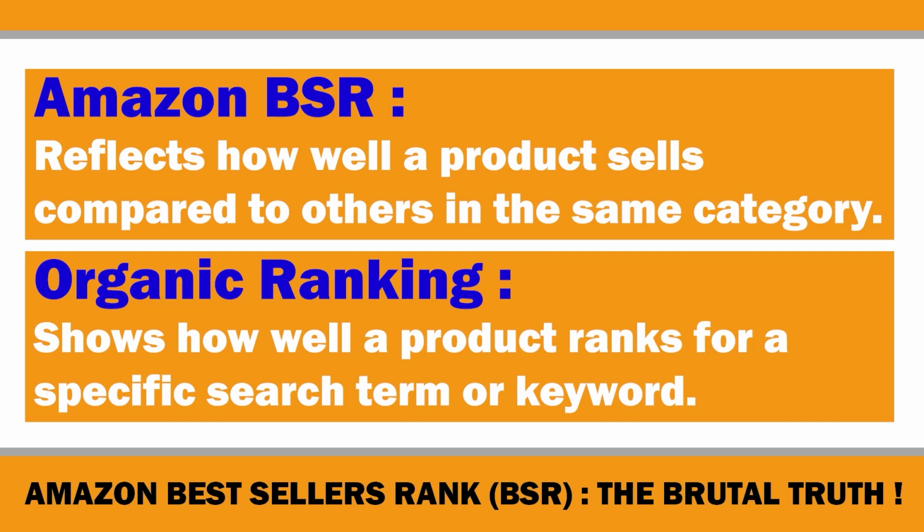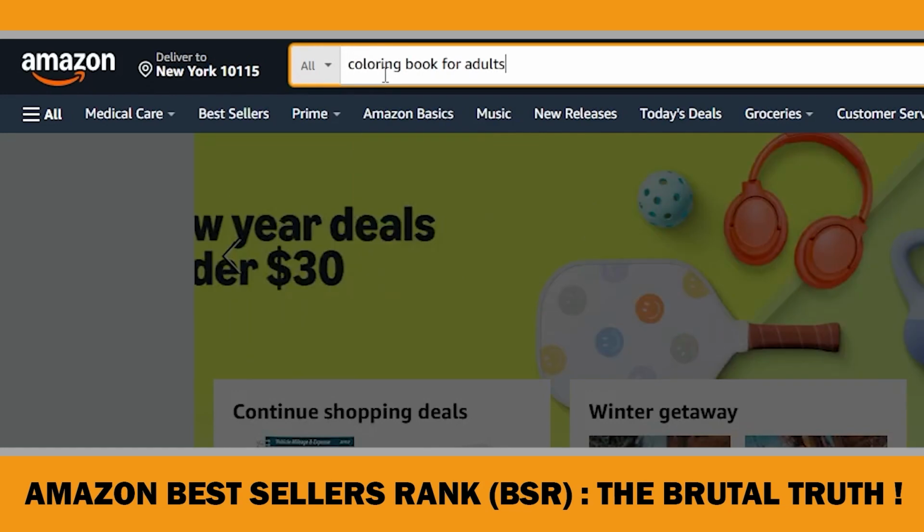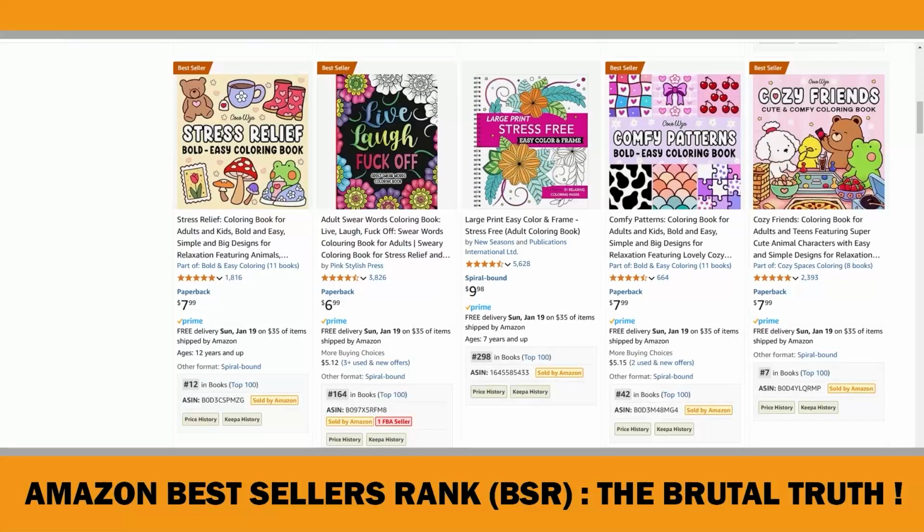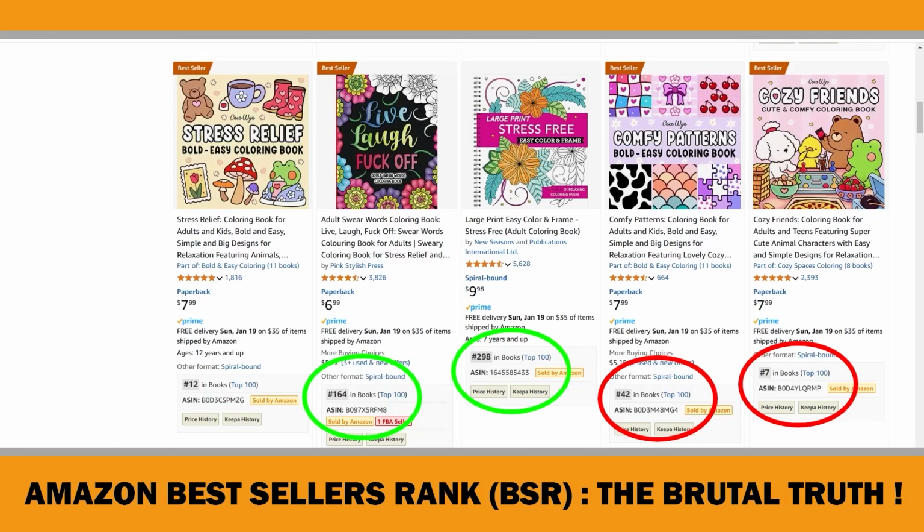This means that having a lower BSR doesn't automatically guarantee a high ranking for a particular search term or keywords. That's why, as you can see here, when you search on Amazon, you might notice products with higher BSRs appearing ahead of those with lower BSRs. However, both rankings are tied to sales volume. So a product that sells well has a better chance of ranking higher in both organic search and Amazon bestsellers lists.